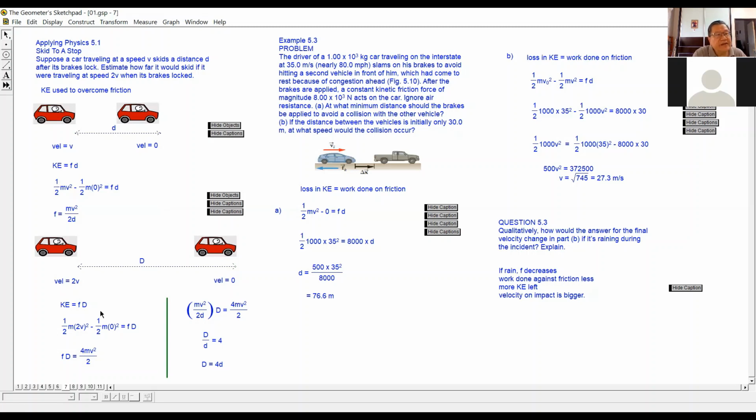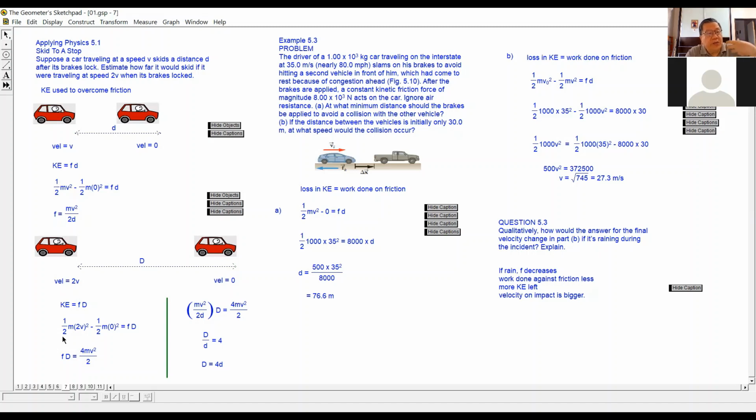In the second case, I apply the same logic. The work used to overcome the frictional force is the force multiplied by the distance. Now the kinetic energy is half m, and instead of v, it becomes 2v.